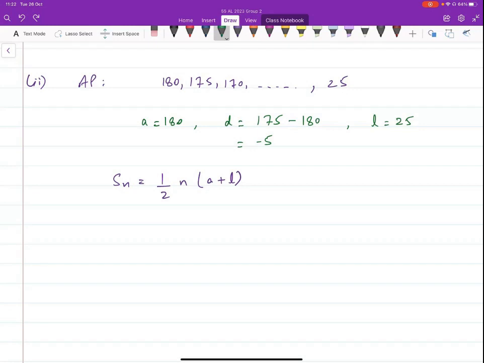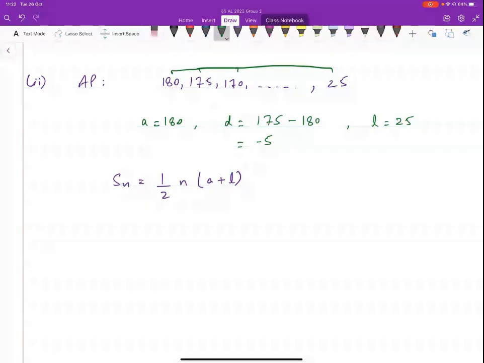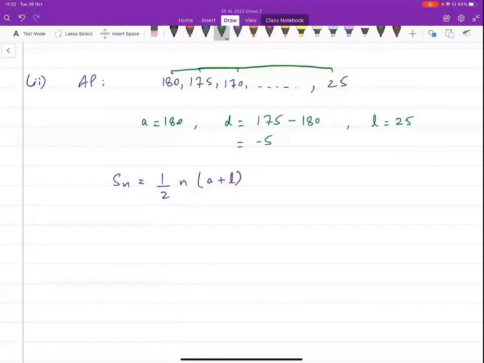We can find that using the nth term formula. You see, you have terms going like this: 180, 175, 170, and so on, all the way until 25. Now, in order to be able to calculate the sum of all those terms, we need to know the number of terms.